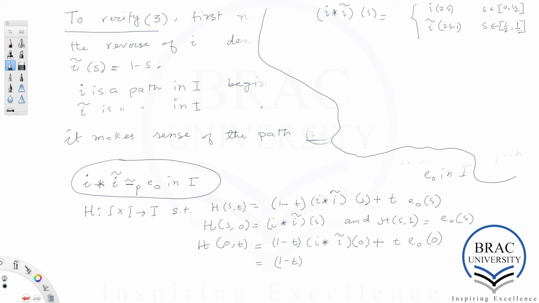And so I star I twiddle at 0. Okay, so what is this? This is the identity map.